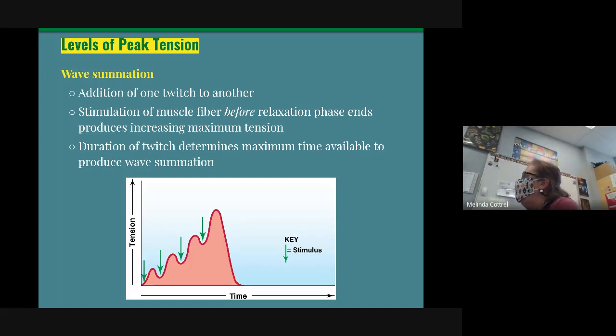It's slowly increasing until the stimulus stops, and then you get your full relaxation.